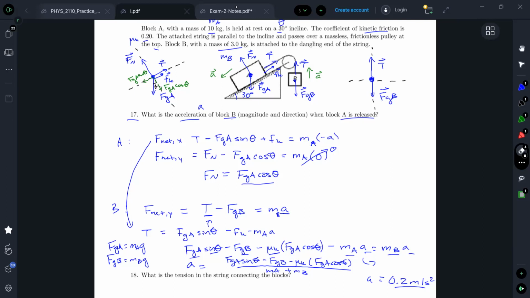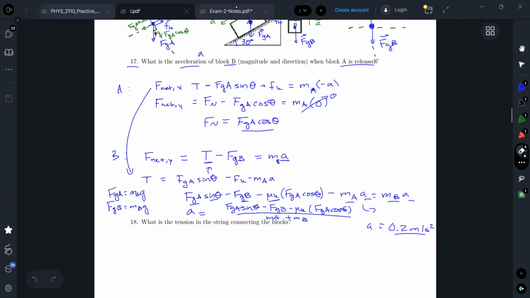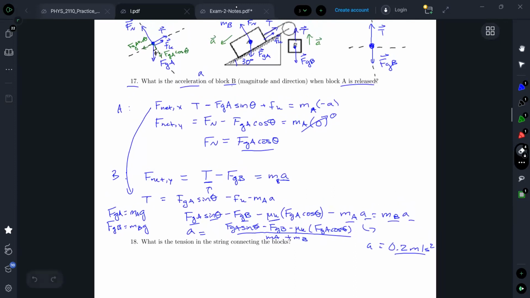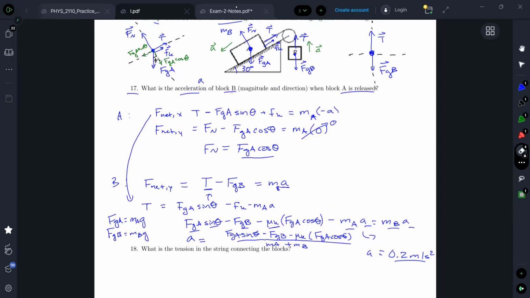Then I've got normal force, cosine theta. Okay, and then tension minus FGB equals mass times that acceleration. And if I put that all together, I should get FGA cosine theta.